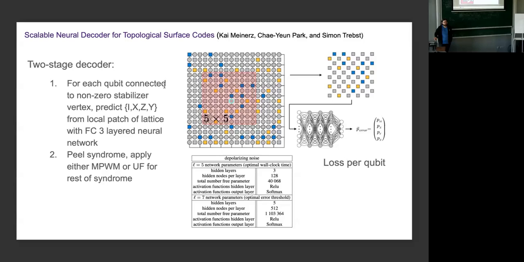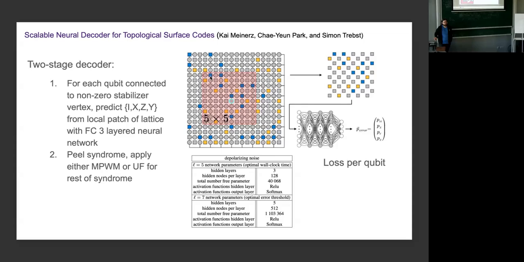So he does a very simple thing. He says, okay, because we're solving locally, let's just take a patch, cut out a small array of syndromes, put it inside a neural network and output 4 numbers, one for each type of Pauli. Right?